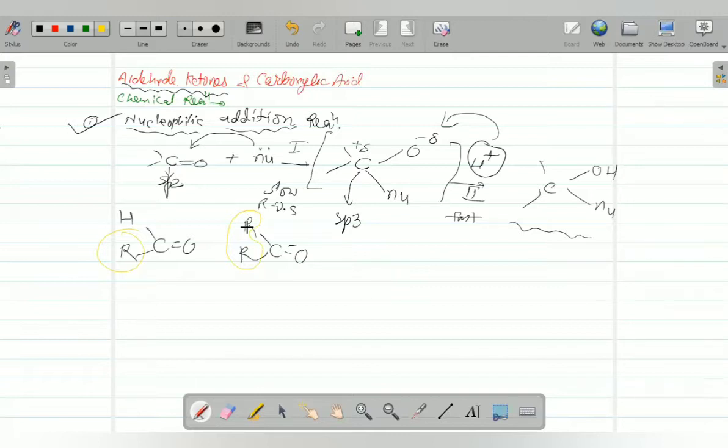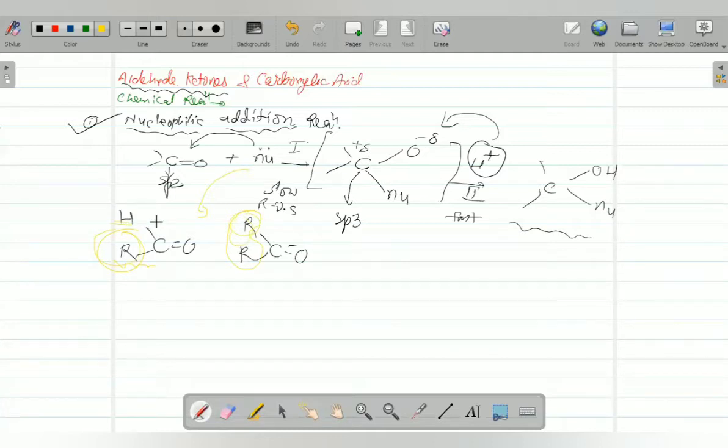So sterically, the presence of two relatively large substituents in ketone hinders the approach of the nucleophile to the carbonyl carbon more than in aldehyde, because in aldehyde you see only one R group, but here it is two R groups. So when the nucleophile attacks on this, there is steric hindrance, and here less hindrance because one is what?